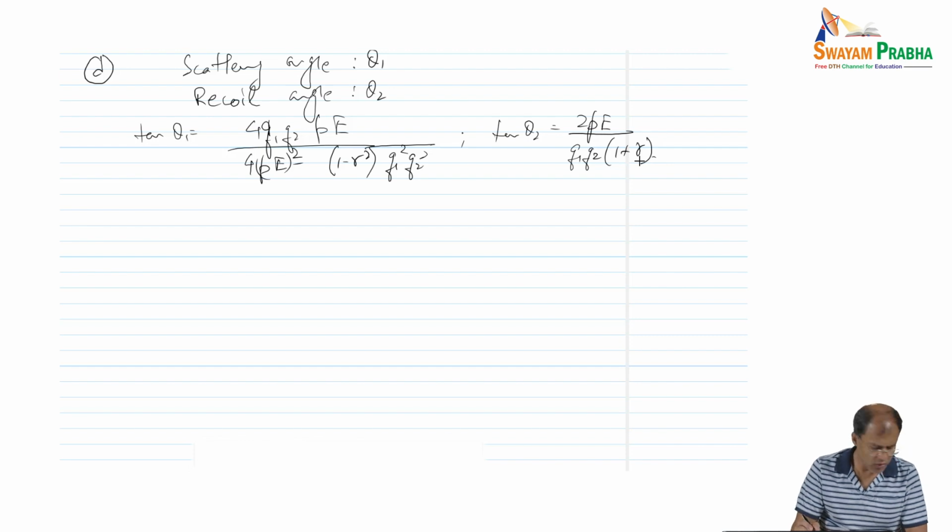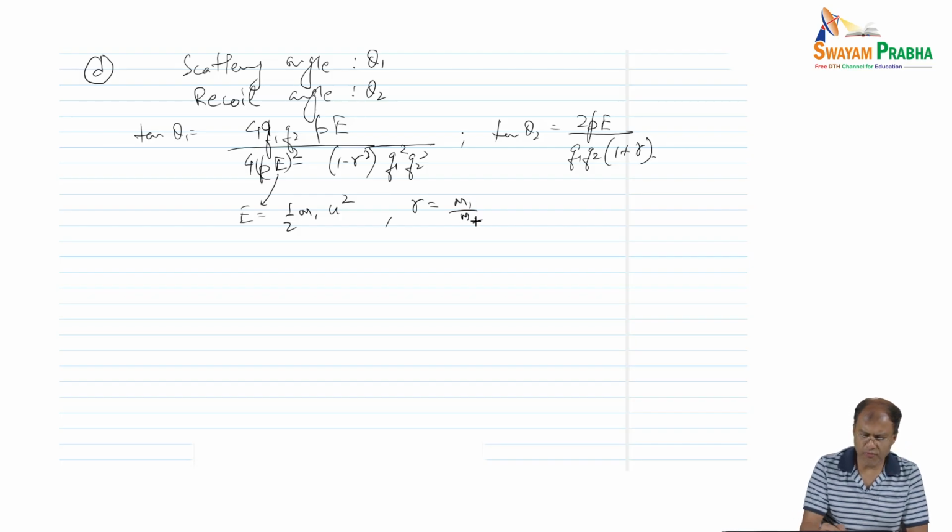Okay, where E is the initial energy of the system given by half m1 u square, which is just the kinetic energy of the alpha particle, and gamma is the ratio of masses m1 by m2. So we can look at the simple case where equal masses are concerned.